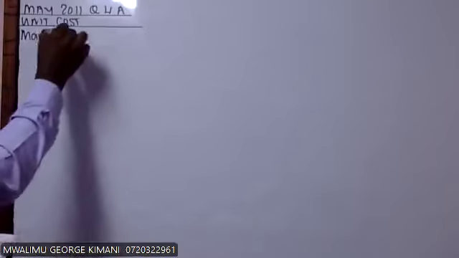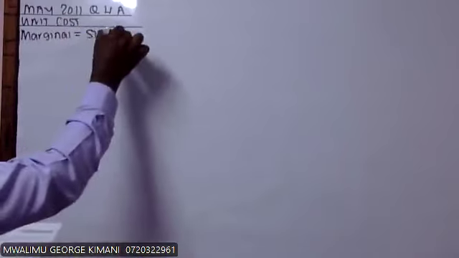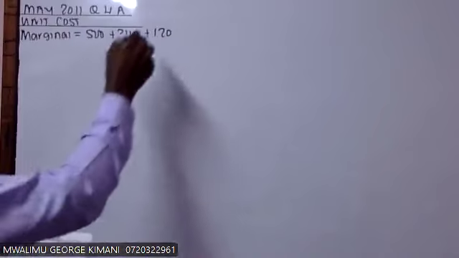The variable production costs in this question are material of 500, labor of 240, and variable production overheads of 120.